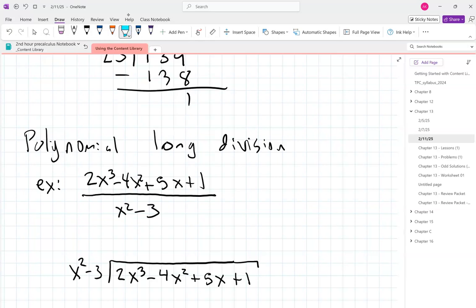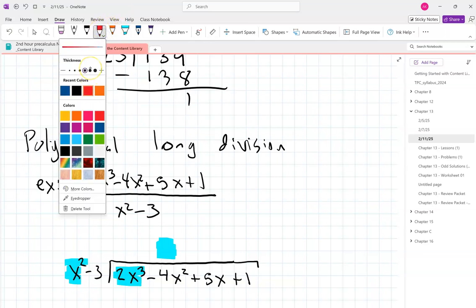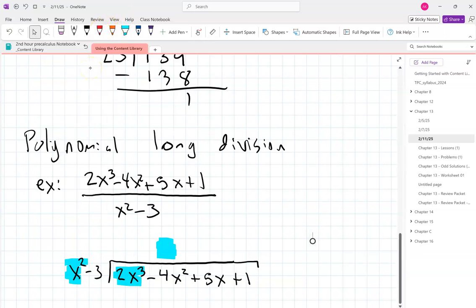And I'm going to start by asking, how many times does x squared go into 2x cubed?